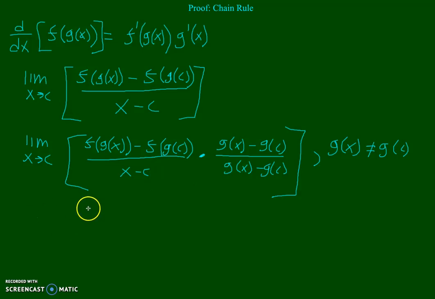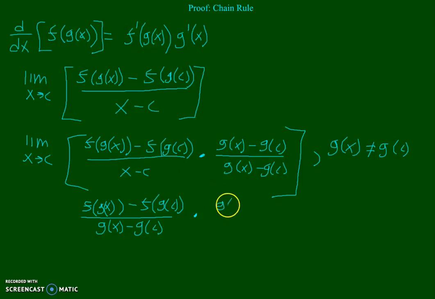So let's go ahead and do f of g of x minus f of g of c over this quantity, g of x minus g of c, times, and then we're going to have this quantity over this quantity.